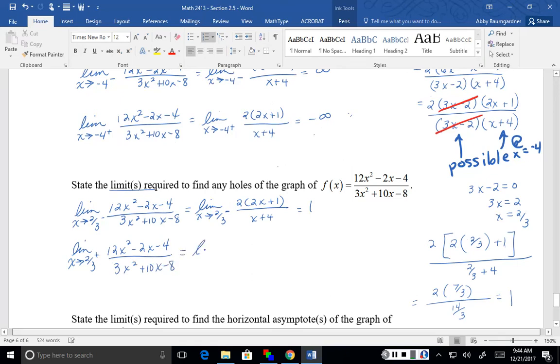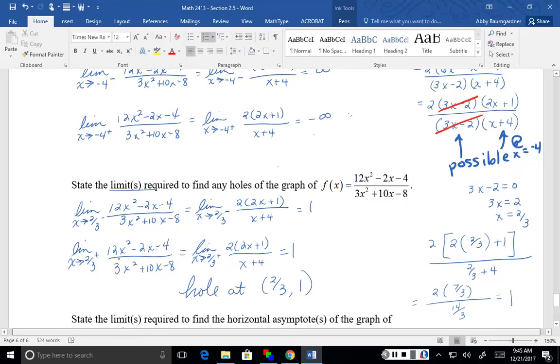So on a test, I might say, given the limits below, and I would have just these 2 limits. Given the limits below, tell me what you know about the graph of f of x. And you would say there's a hole at (2/3, 1). If you approach a number from the left or the right and it gives you a numeric answer, and we're looking at a rational function, then what you're discovering is that there is a hole.